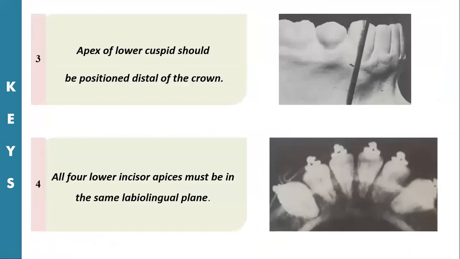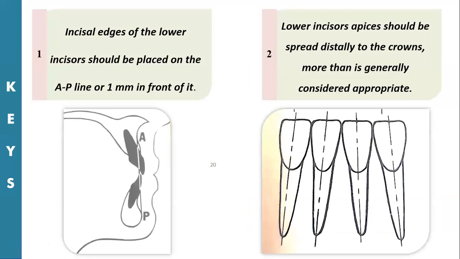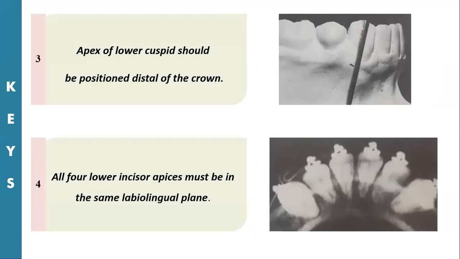The third one was the apex of the lower cuspid. This should again also be positioned distal to the crown. Earlier we spoke of the lower incisors, now we are speaking about the lower cuspid. Same rule: the root should also be slightly divergent.